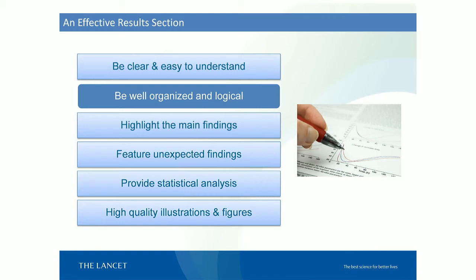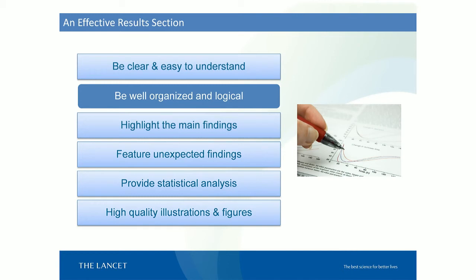You may need to use subheadings to present your work logically. You should ideally number these sections for the convenience of the editor and the peer reviewers. You need to decide on a logical order in which you present your results so that you tell a clear story.